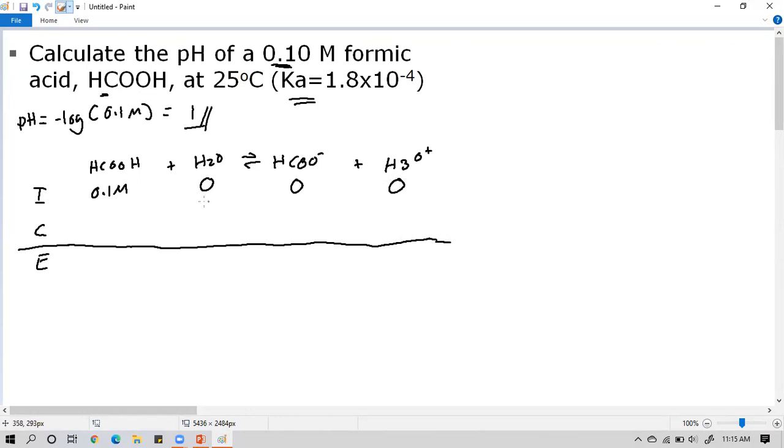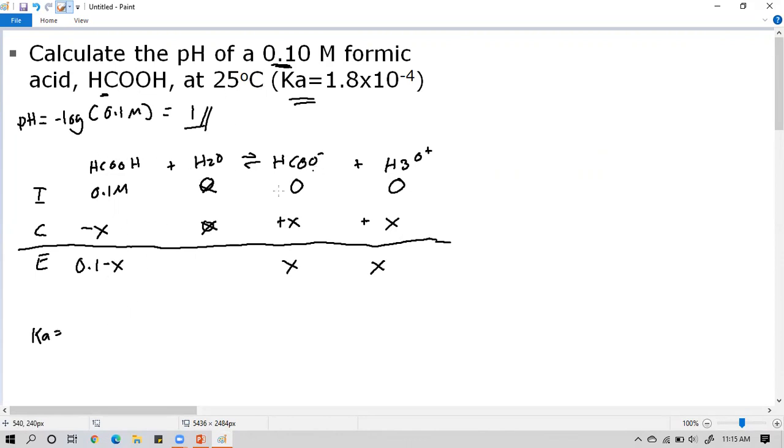Okay? Ngayon dito, ang mangyayari is, since it is a reactant, siya ay minus X. This one here, formation of product will be plus X. So therefore, 0.1 minus X, this one is X, this one is X. Okay, now dito na papasok yung Ka natin, which is the acid dissociation constant.